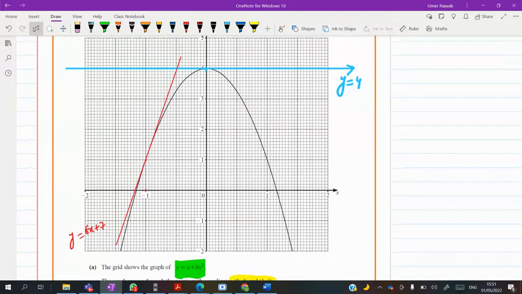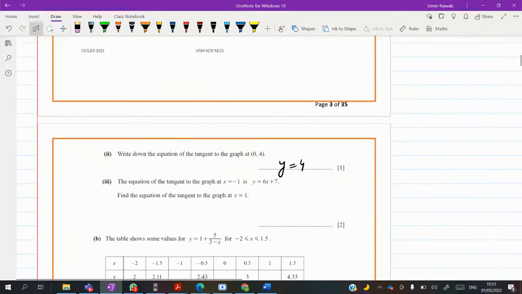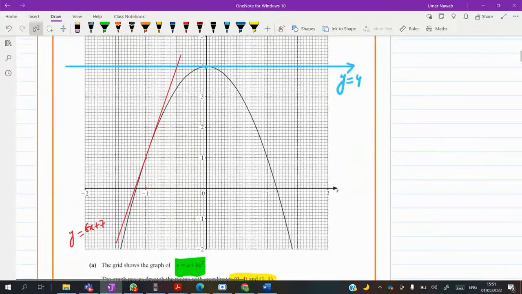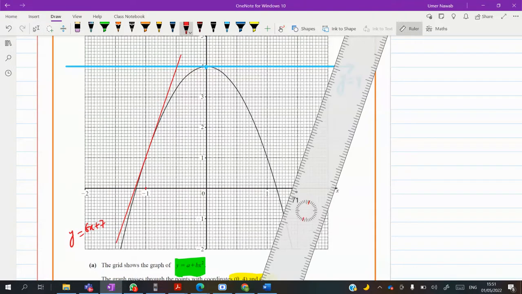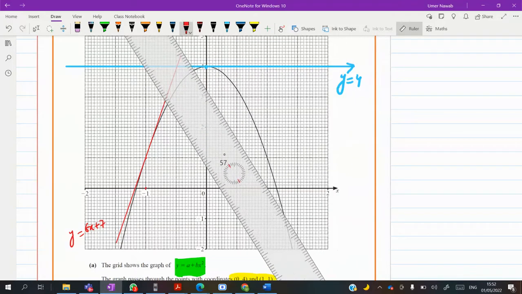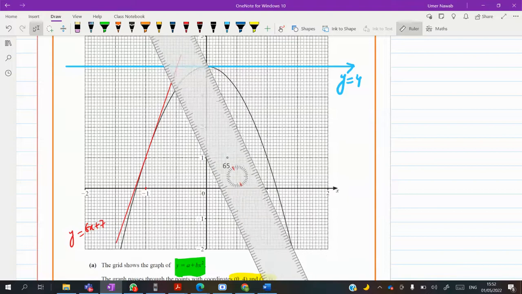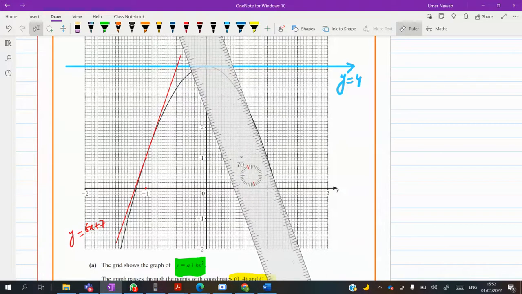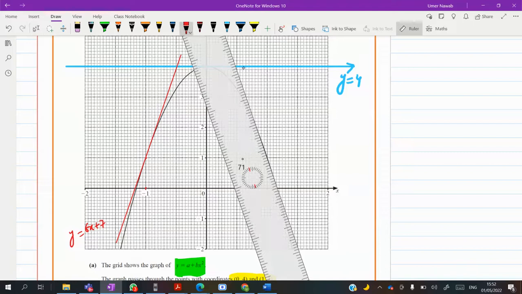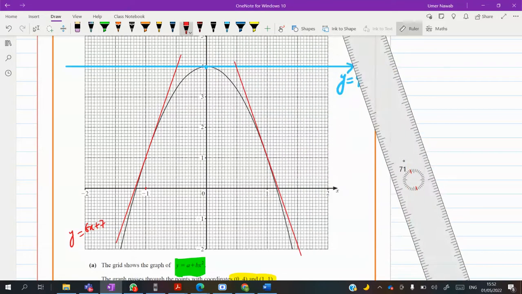What would be the equation of a tangent if you draw it at x is equal to 1? So friends, I'm going to ask you, does this parabola look symmetrical about the y-axis? So he wants to use the symmetric property of this parabola to write the equation of this line.